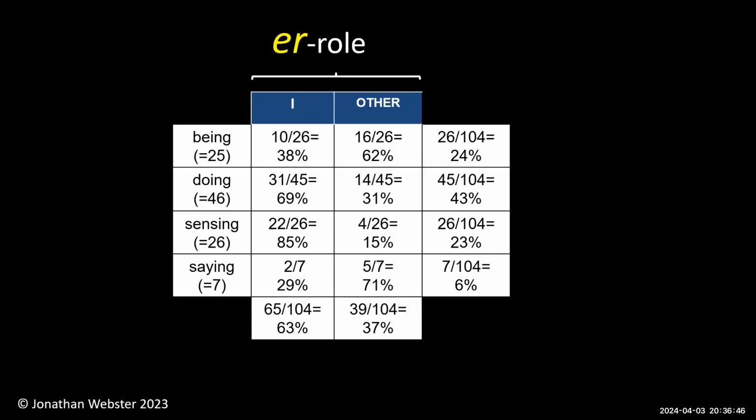In total, the only interesting aspect here was the first person I, as opposed to everything else. How much of it was I? And of course, 85% is what I, the author, the reader, the one doing it, feels. So most of it is about I, and 63% of everything is about the first person.